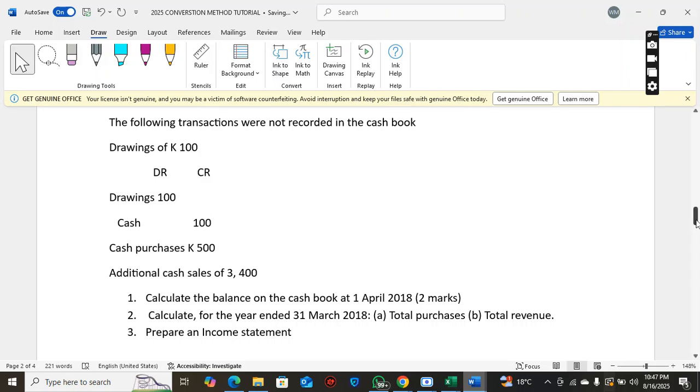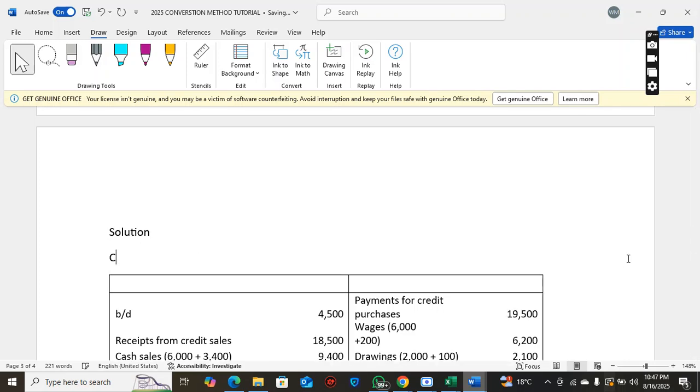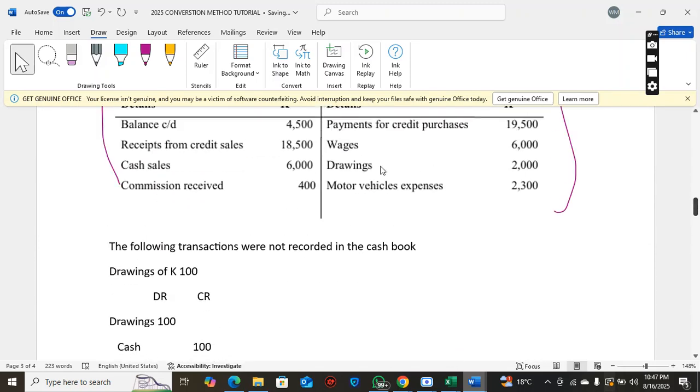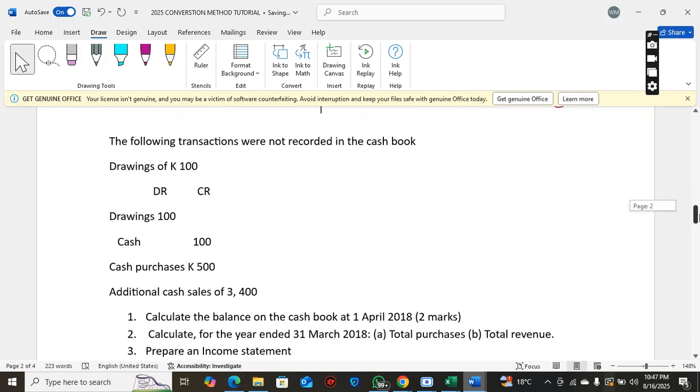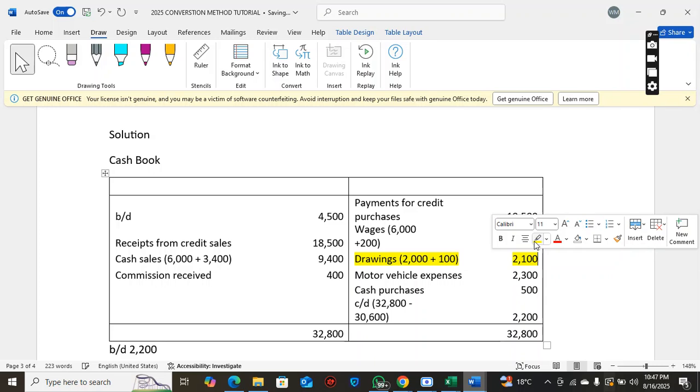In the cash book, on the drawings, it was initially 2000. So we're adding this 100 kwacha into the credit side here, so drawings in the cash book is supposed to read 2100 kwacha. Any questions?